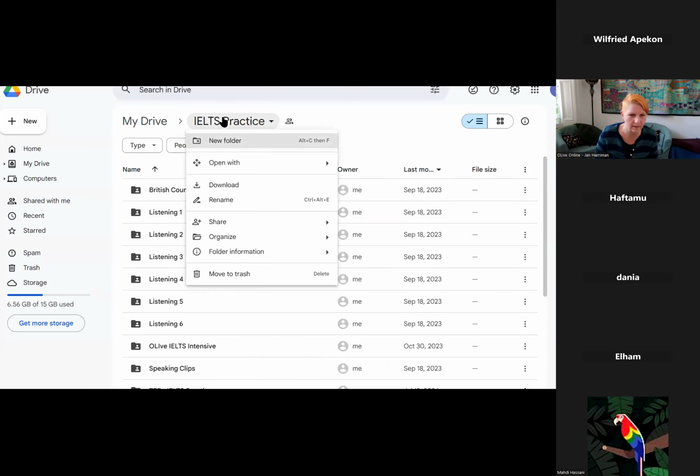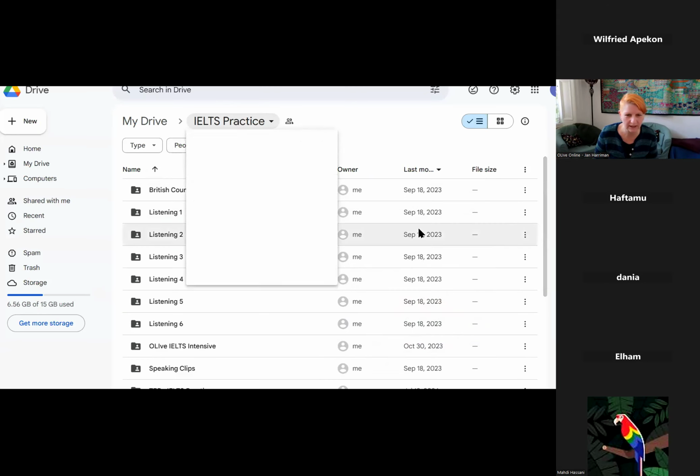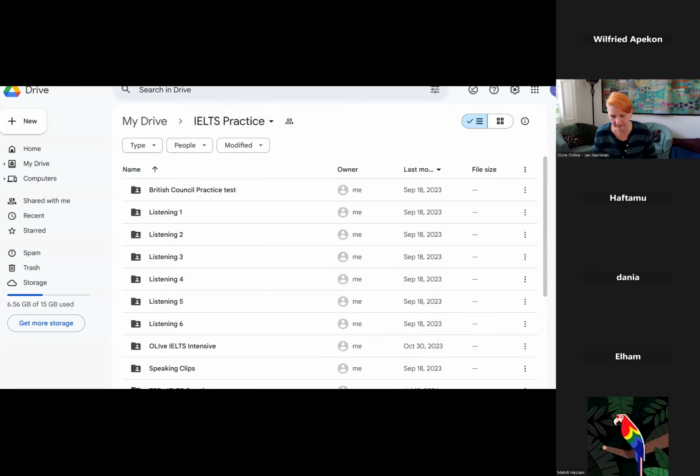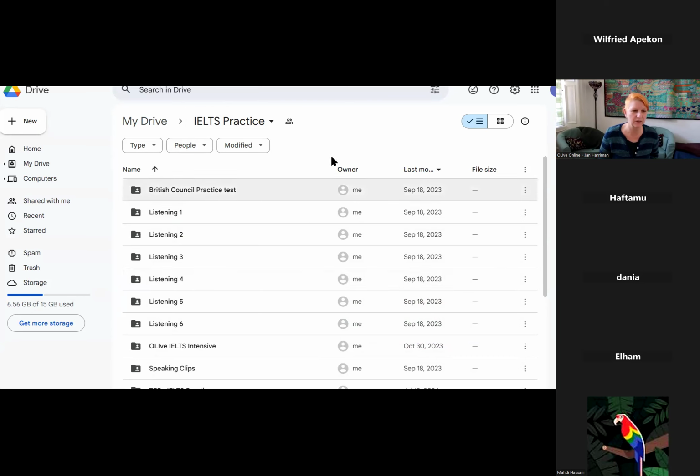Copy link. There we go. This is the one you need. I have no idea why it's saying the browser version is no longer supported, but hey ho. That is the correct link to this file, so don't worry about it. It will go there.